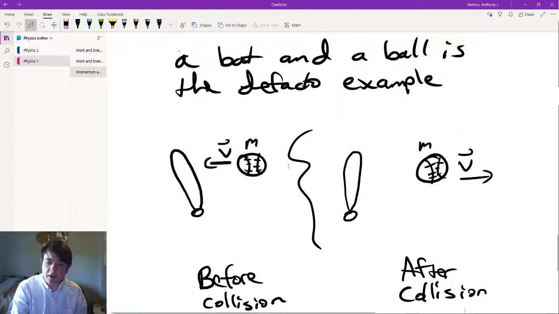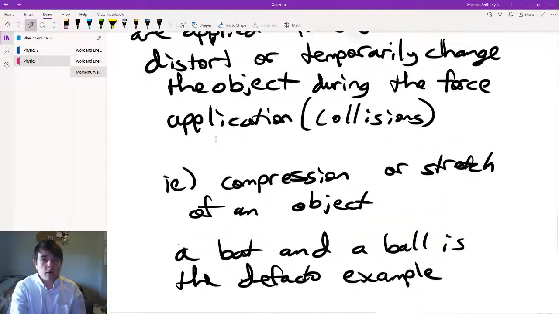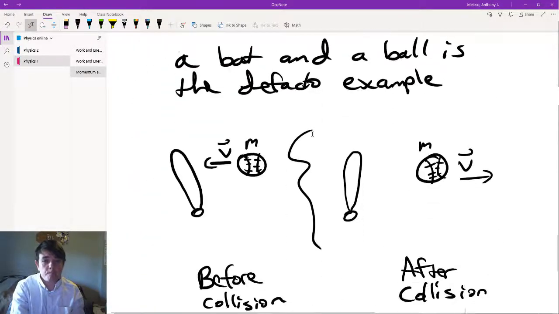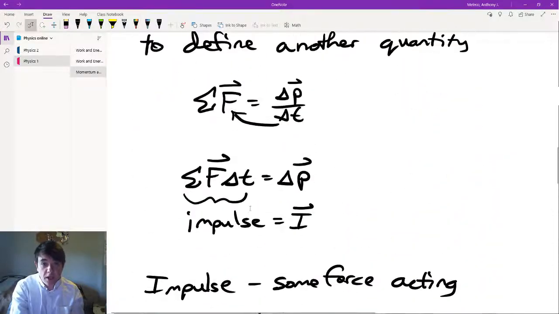Okay, and if you were trying to figure out how the ball will move after the collision due to what's going on in the collision, during that short time frame, right? Because a bat hits a ball. That's why this is the best example of this. It's a very small time frame that the impulse is applied, right?